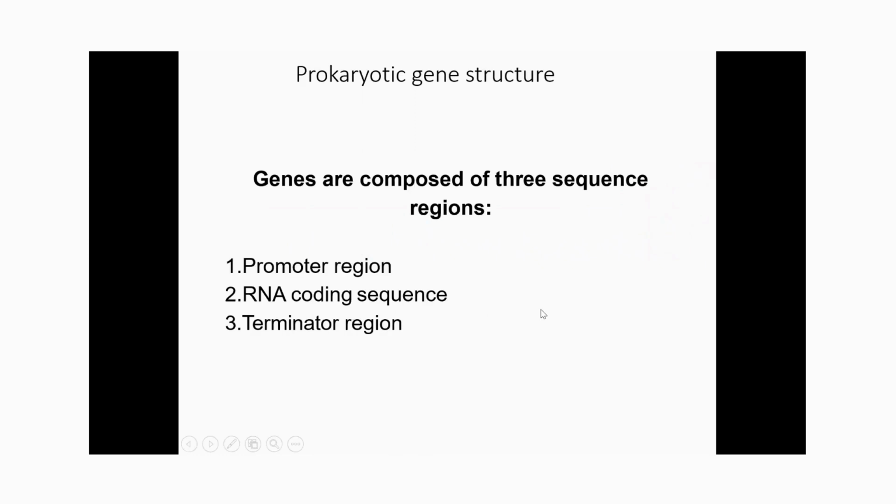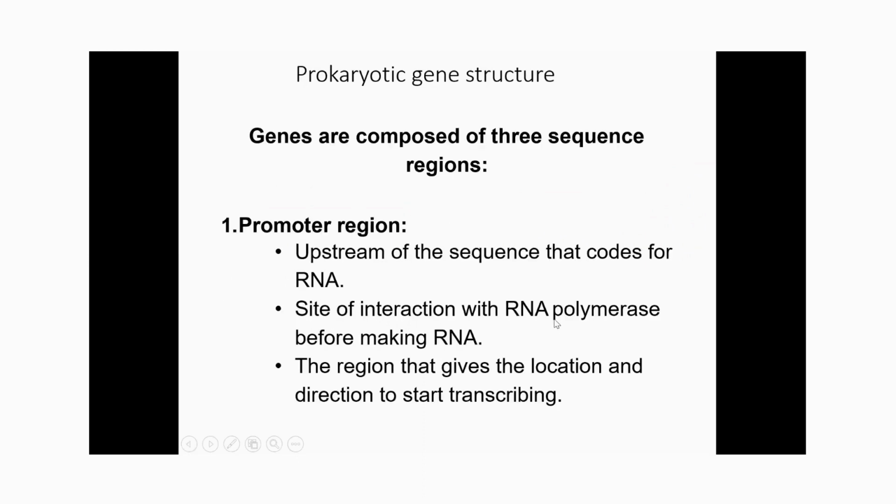In the next slide, the genes are composed of three regions as we discussed: the promoter region, then the RNA coding sequence region, and third, the termination region. What is the role of the promoter region? It is upstream of the sequences that code for the RNA, the site of interaction of RNA polymerase before making the RNA.